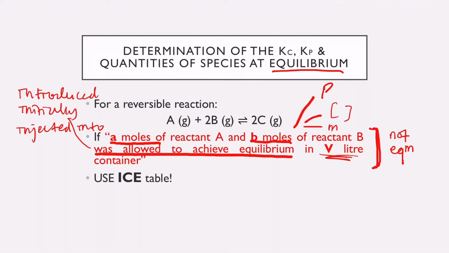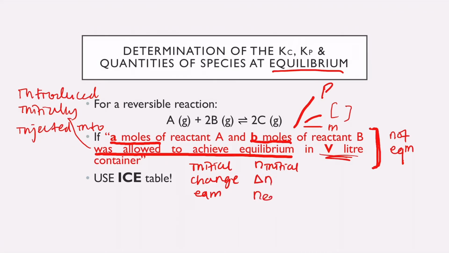So what is an ICE table? An ICE table is actually I stands for initial, C stands for change, E stands for equilibrium. So let's say usually we will use mole. So moles initial. So change I will write as Δn.